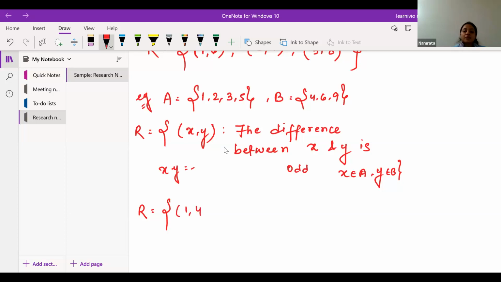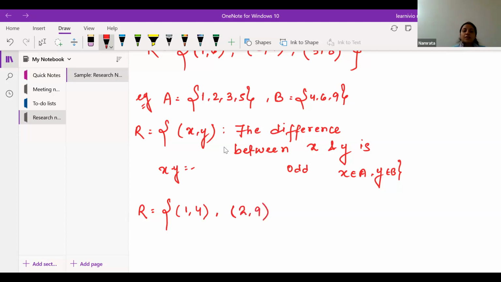Yes, when we find the difference, it will be an odd number. Next. 2 and 9.